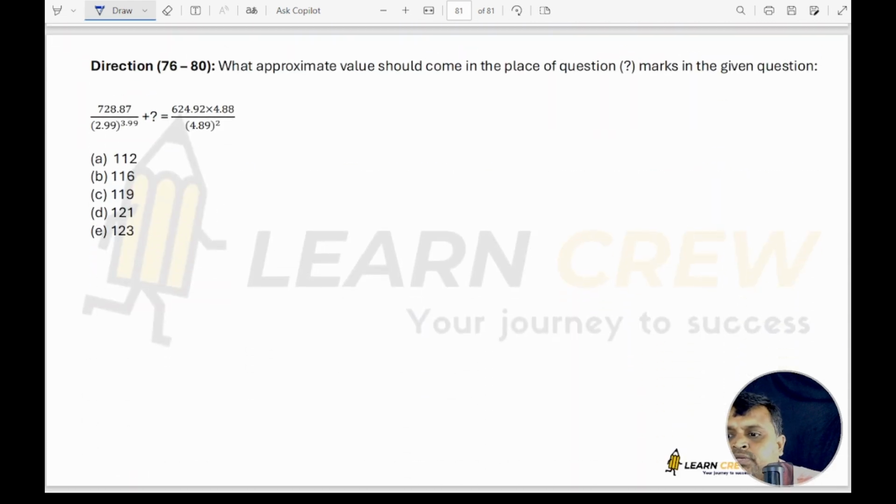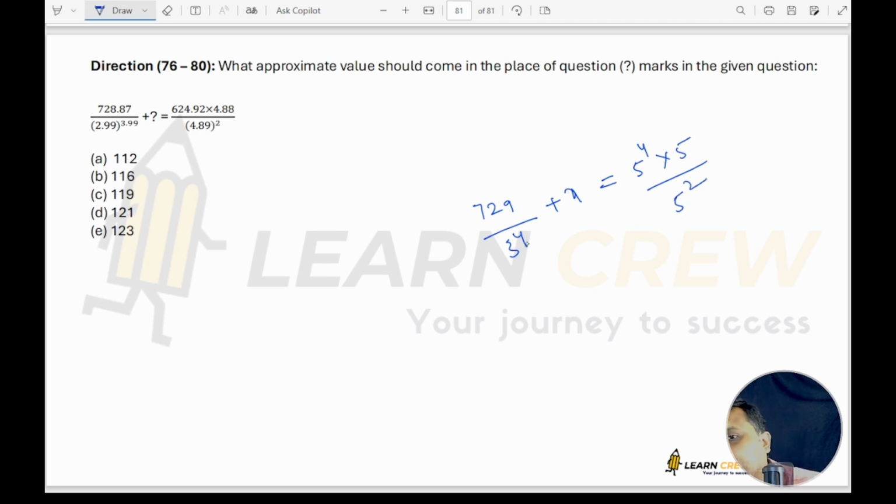Now, the last question for today's session. 729 by 3 power 4 plus x. 625 is 5 power 4 into 5 by 5 square.